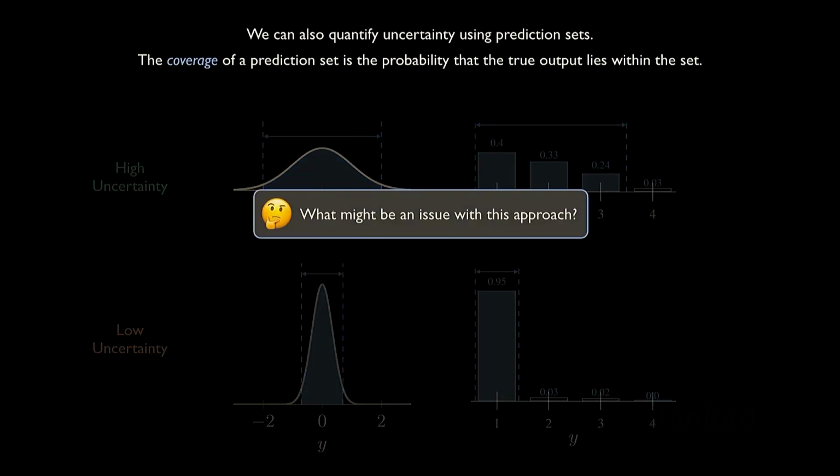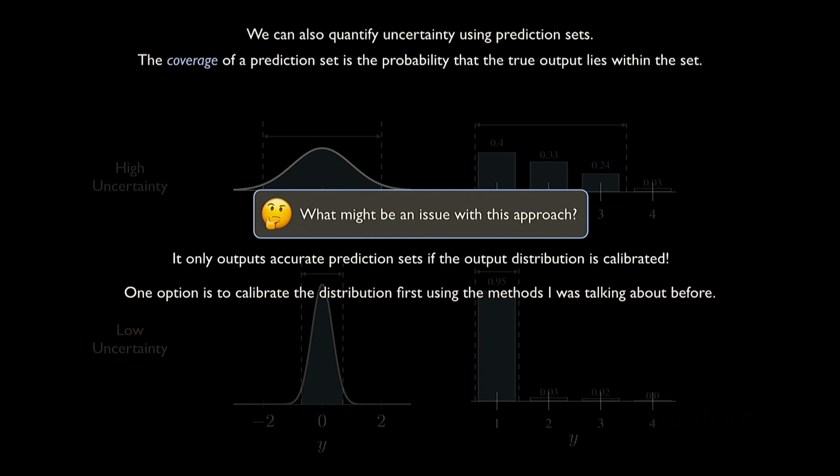Okay, so an issue with this approach, just to go a little bit more quickly, is that this would assume that our output distribution is calibrated, because we would have to take that uncertainty set. If our output distribution is not calibrated, we're going to get the wrong uncertainty set.